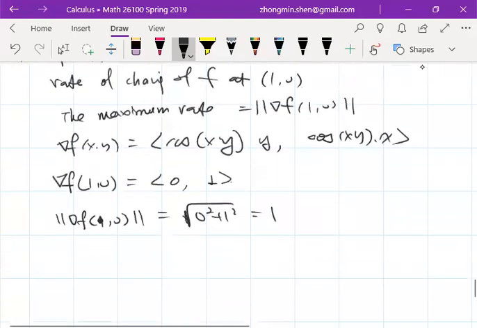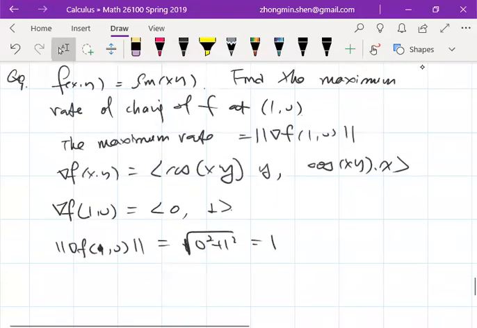You have to say that the maximum rate is the length of this gradient.